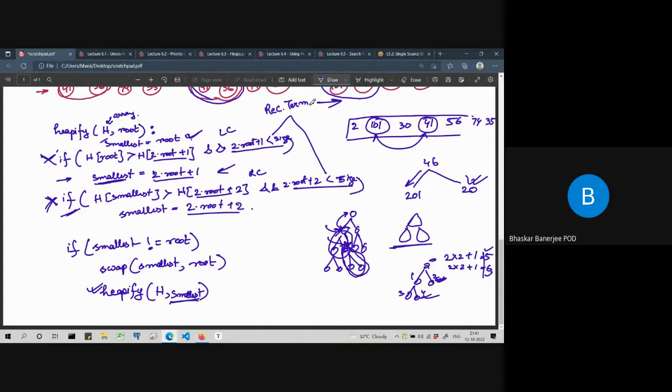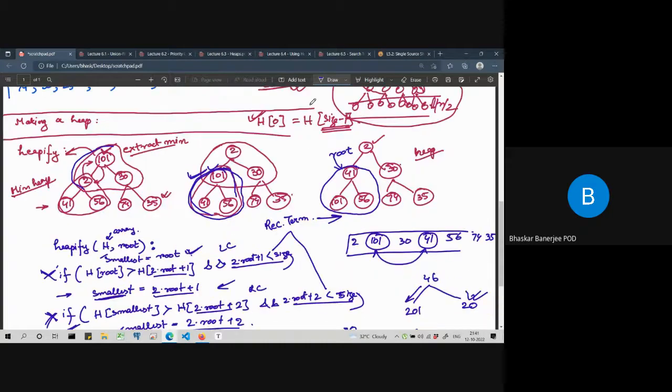Fine. Now let's discuss one more thing. Also, if no swaps are made, that is, if the smallest is equal to the root, then that would mean that we have to return the call.